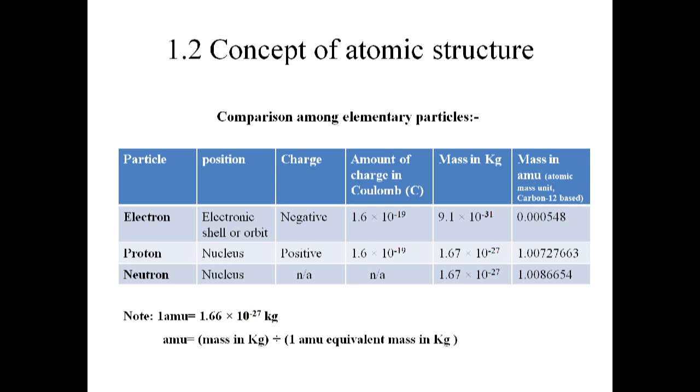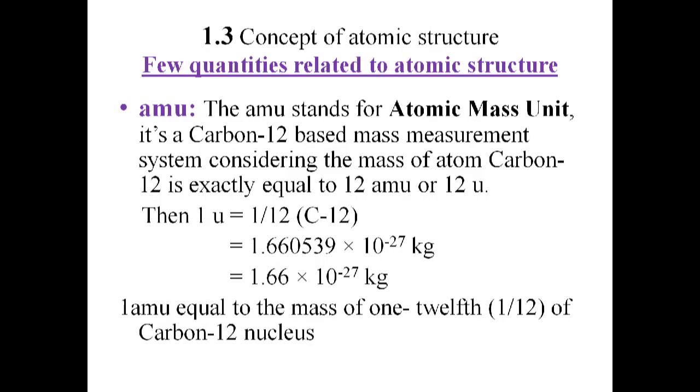Okay, let's go to the next slide. A few quantities related to the atomic structure. Our first term is AMU. We already have discussed it, but here we explain it clearly. AMU stands for the atomic mass unit.